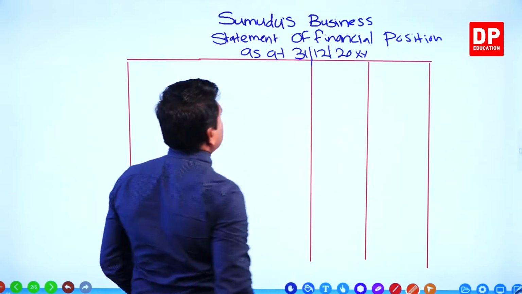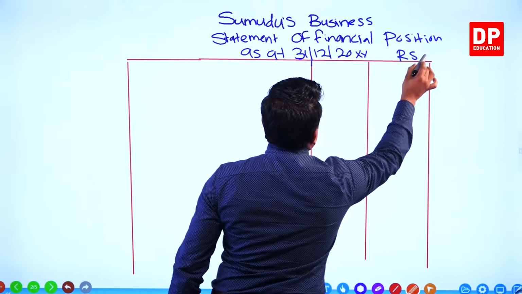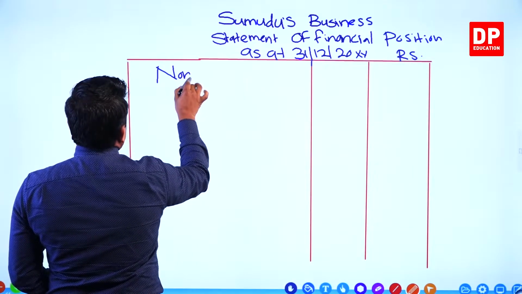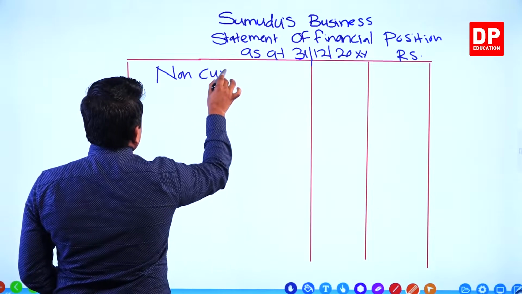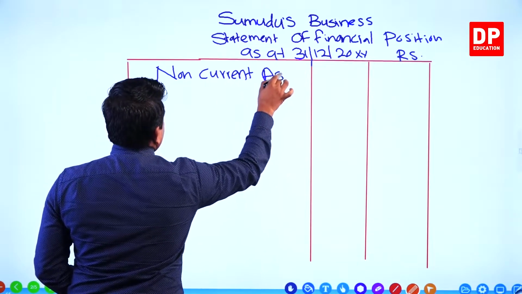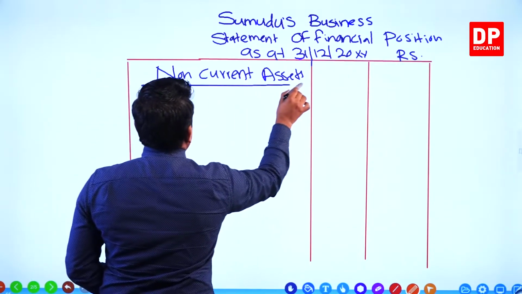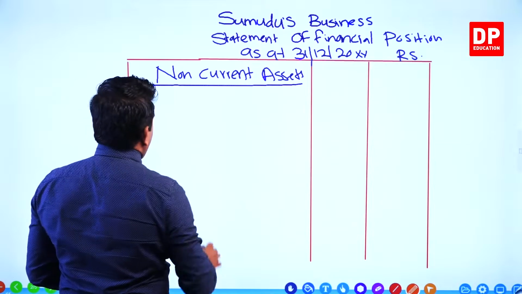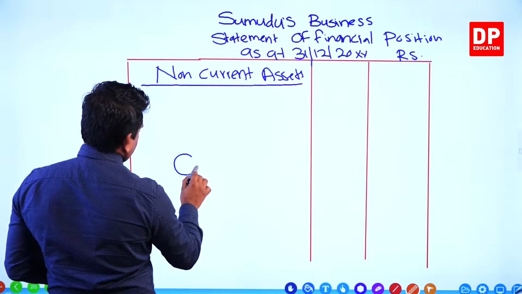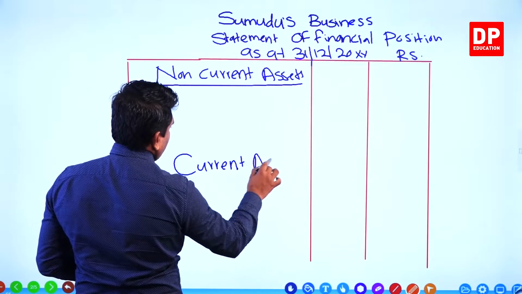We put the last two digits, right? Rupees value we put here, right? Then here non-current assets, you know the details now. You must remember now. Non-current assets, underline. Then all the non-current assets we put under this. After that what? Current assets.